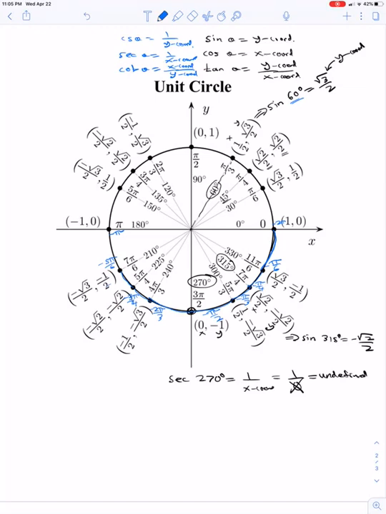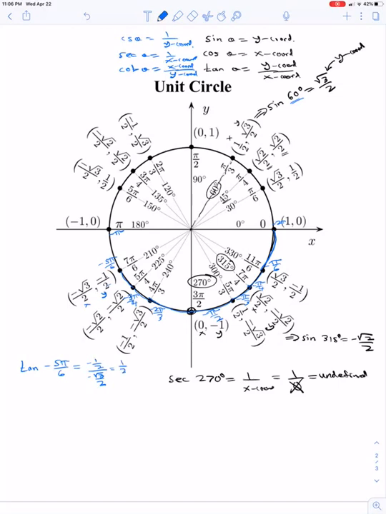If I'm evaluating my trig function value, we want to know the tangent of negative 5 pi over 6. Well, tangent is y coordinate over x coordinate. So our y coordinate, negative 1/2, divided by our x coordinate, which is negative square root 3 over 2. We'll go ahead and divide those, and we get our function value.